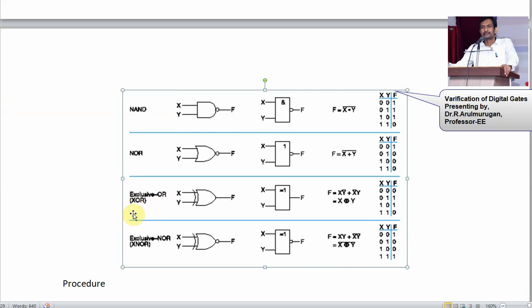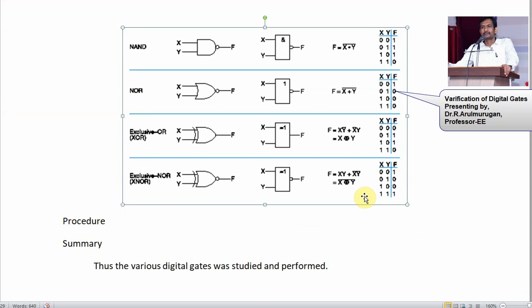XOR. What is XOR? Exclusive OR. X into Y bar plus X bar into Y. So how the input is given, see, X into Y bar plus X bar into Y. Let me tell you.